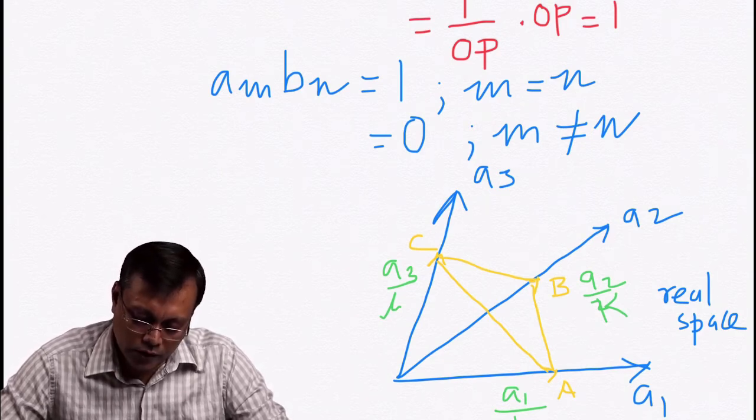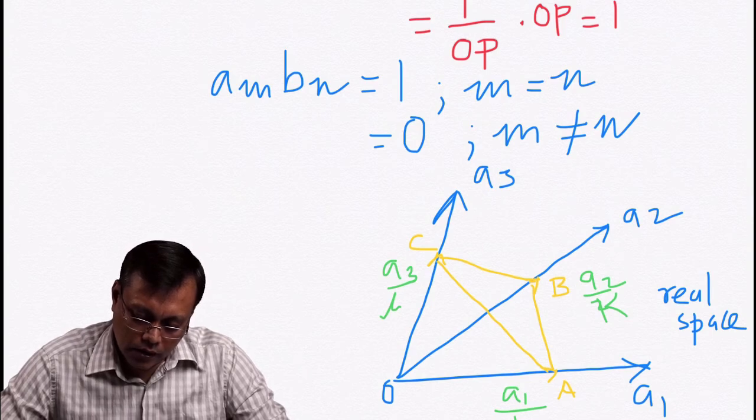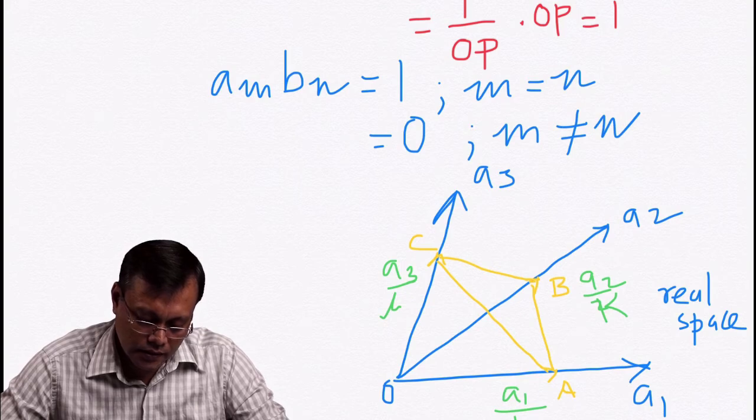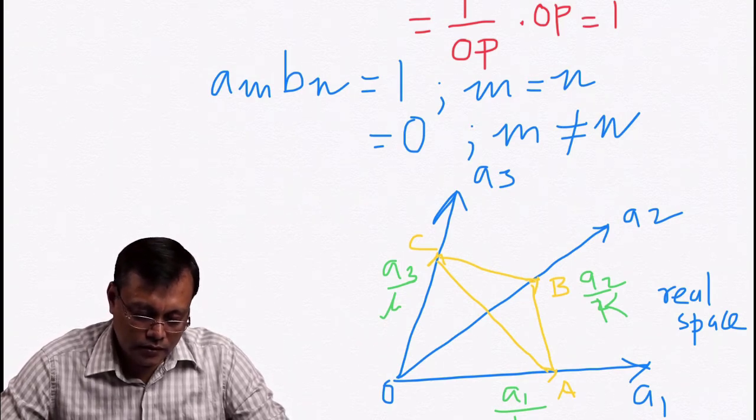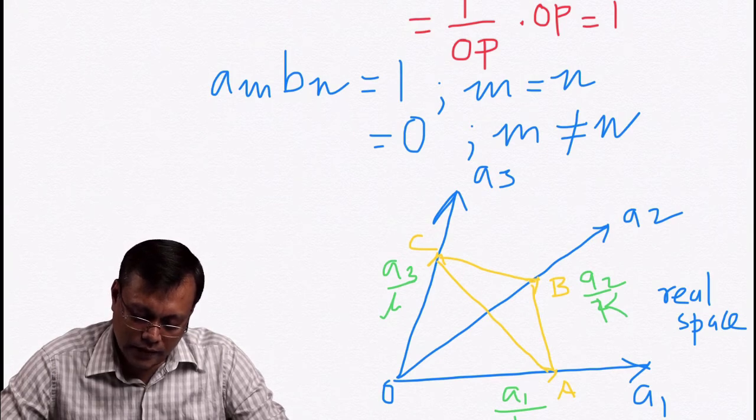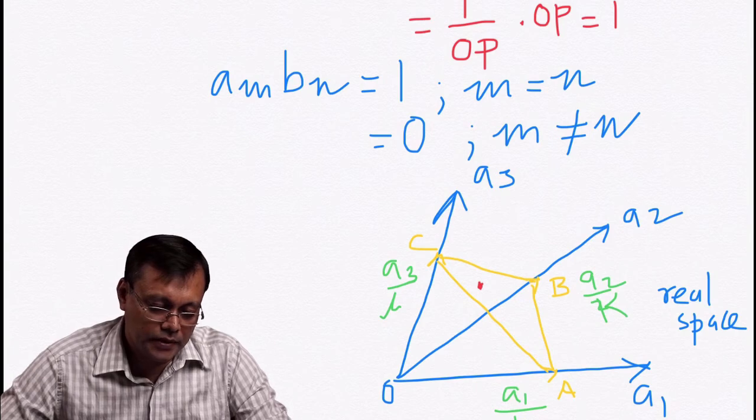Now from the origin O, I can draw a direction, and that direction will be in such a way that it will be perpendicular to the ABC plane.